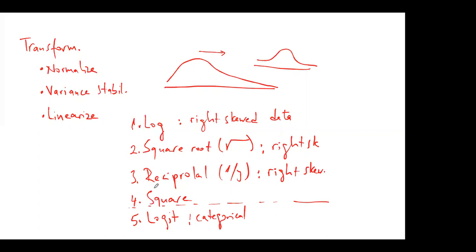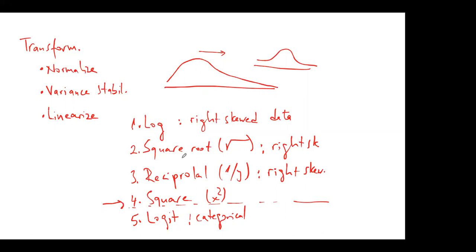Which one of them is different? Square is x squared. Which is different? This number 4 is different, isn't it? While all the others make our variable smaller. If you take the logarithm of 100, it is 2.